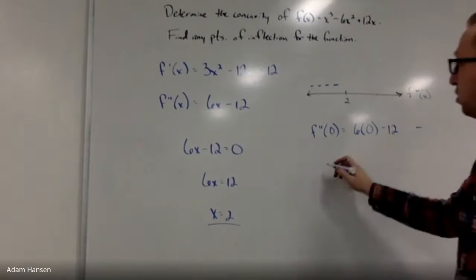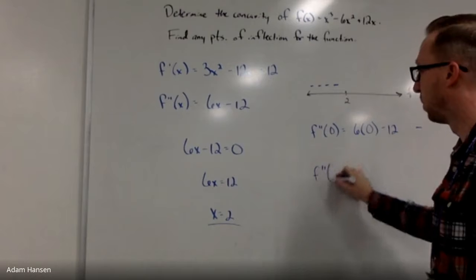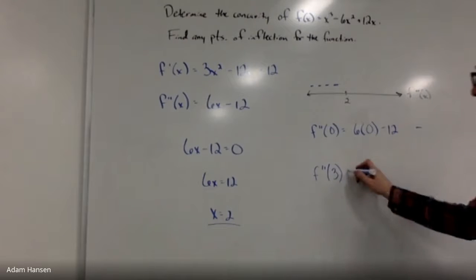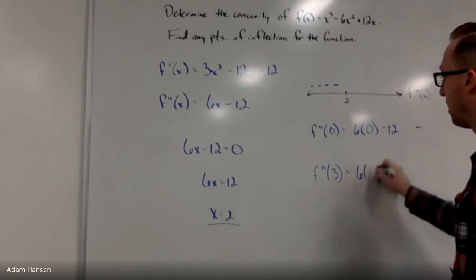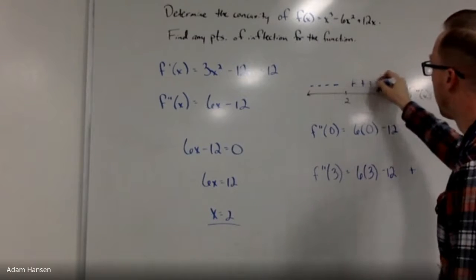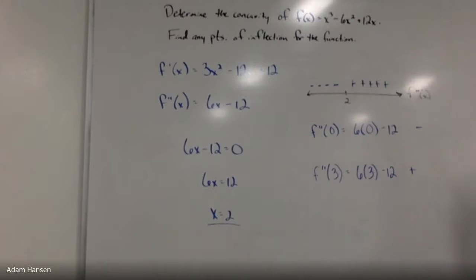Pick a number greater than 2, for example, 3. Let's see what f double prime of 3 is. I want to determine if it's a positive or negative number. 6 times 3 minus 12 is positive. So I know that the second derivative for this function is positive between 2 and infinity.